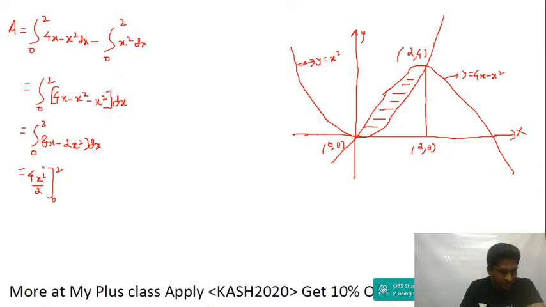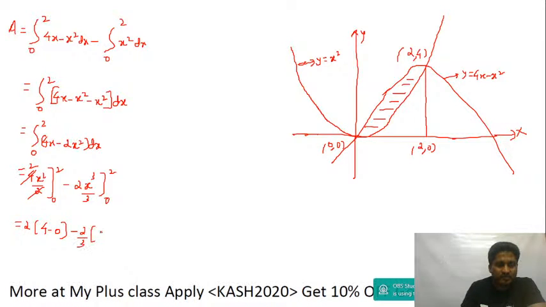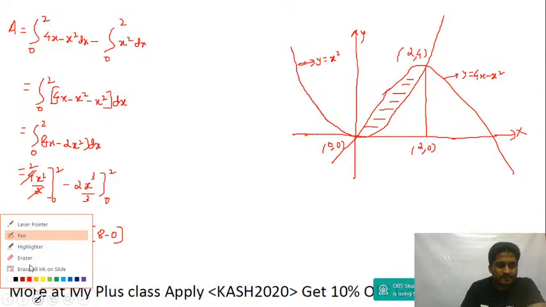Minus 2 is a constant, integration of x square is x cube by 3 between the limits 0 to 2. This will cancel 2 times. Upper limit 2 square 4, lower limit is 0, minus 2 upon 3, upper limit 2 cube 8, lower limit is 0.